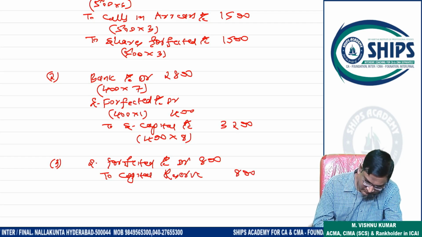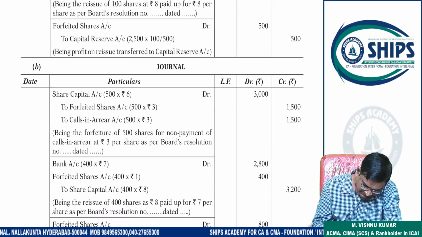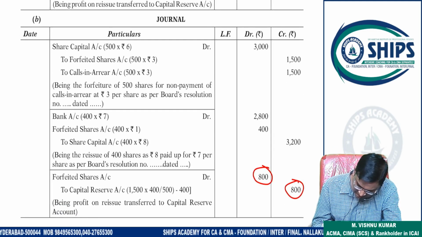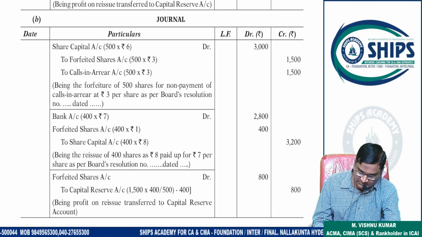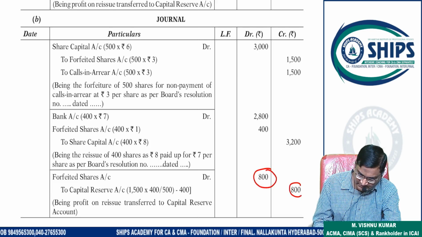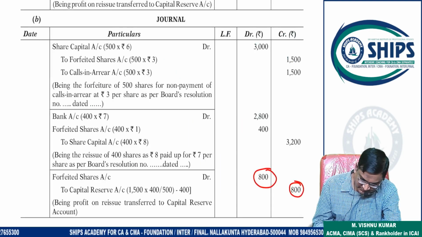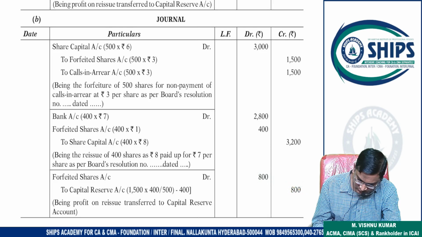Clear? Right sir. देख लीजिए 800 का गेन है यहाँ पर. Okay, this is the second situation. 800 gain. Here also you can see. Right? Yes sir.